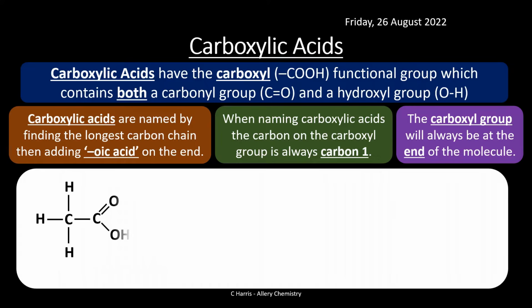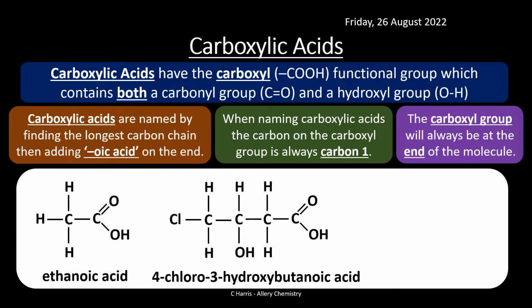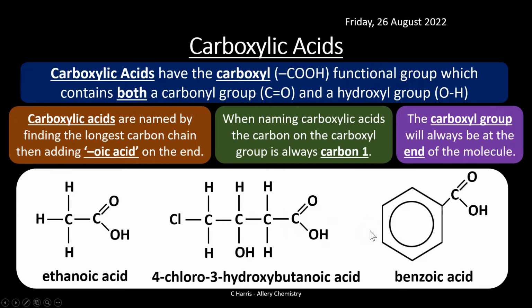So this one has 2 carbons, so it's ethanoic acid. This one is 4-chloro-3-hydroxybutanoic acid. I've added some extra groups in there to show you. And the last one is benzoic acid.